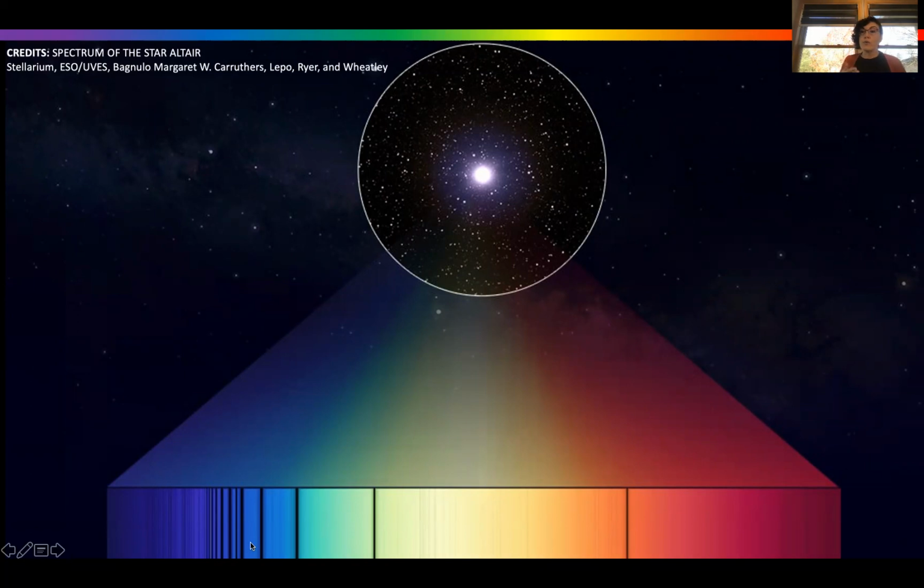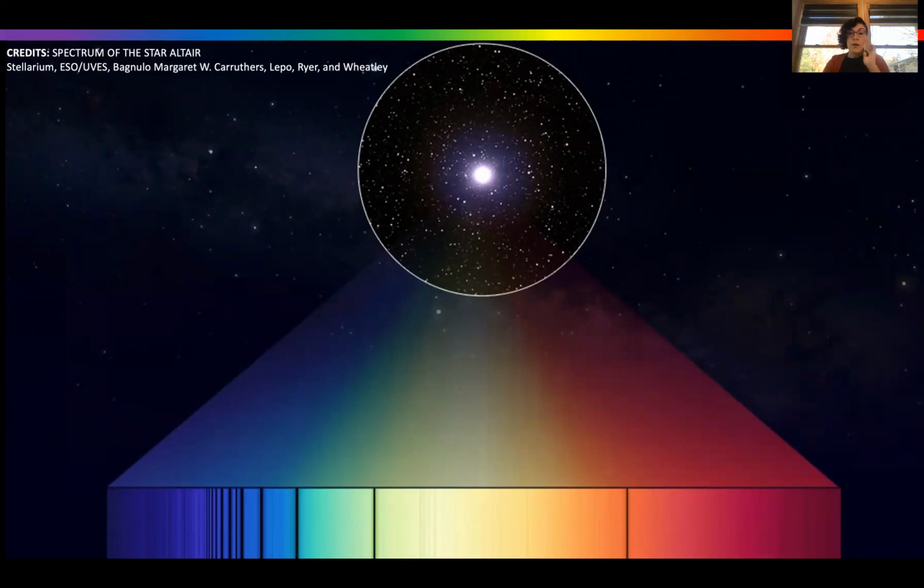These lines are caused by different chemical elements like carbon, oxygen, and iron that are present on the surface of a star or in the gas between the stars and our telescope. These chemical elements subtract a little bit of the radiation that is coming from the stars. And this is the reason why all of a sudden the light becomes dark.